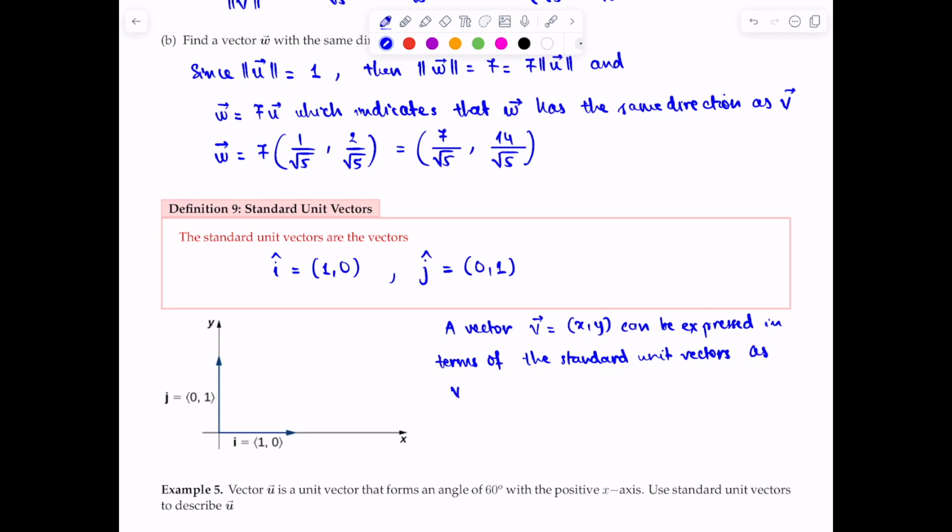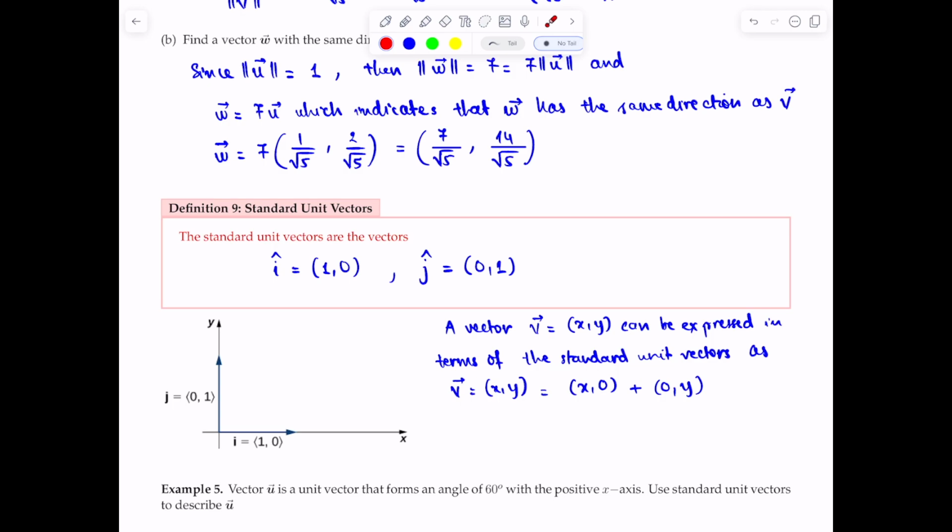So we have v equal to x comma y, or if you separate this component form into x comma 0 plus 0 comma y, so basically if you add these two vectors together, you will get back to x comma y.